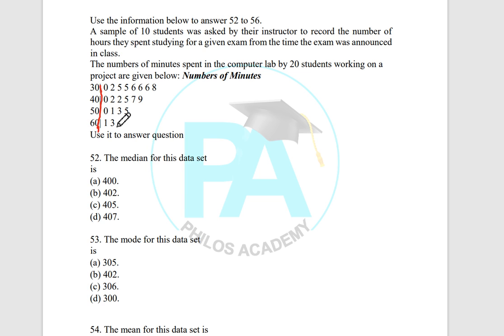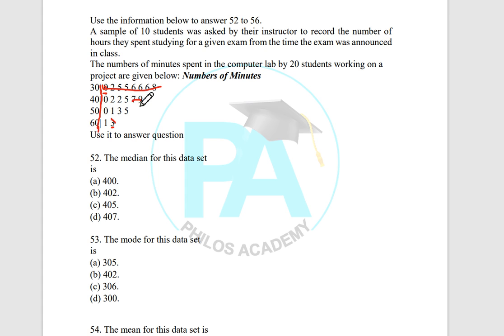Okay, so to get a median, this is the starting point and this is also the ending point. To get a median, we want to look for the middle number. So let's cancel out: 1, 2, 3, 4, 5, 6, 7, 8.